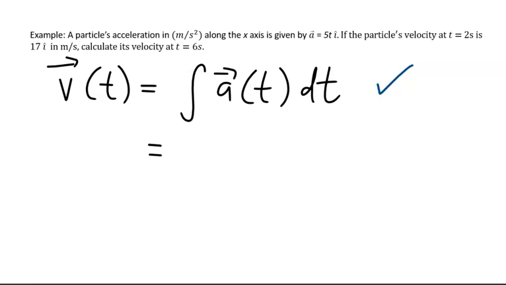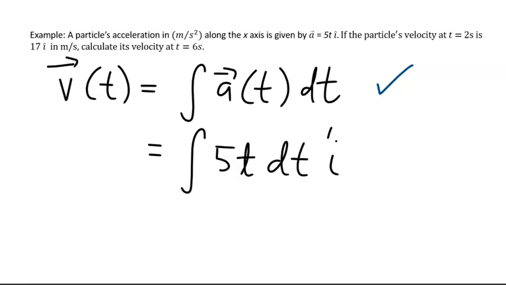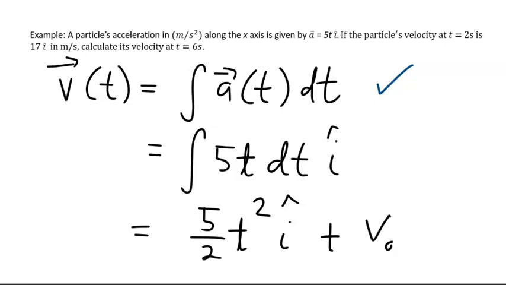So let's substitute the expression for the acceleration, 5t dt. Do not forget the i hat here, because it's a vector. Now the integration is a simple one, and it will give you 5 over 2 t squared i hat plus an integration constant, which we are to determine.